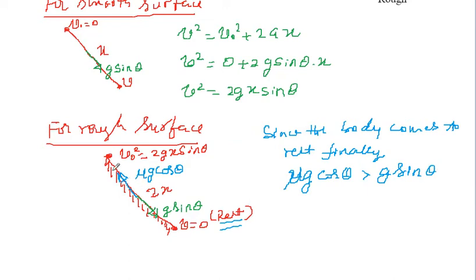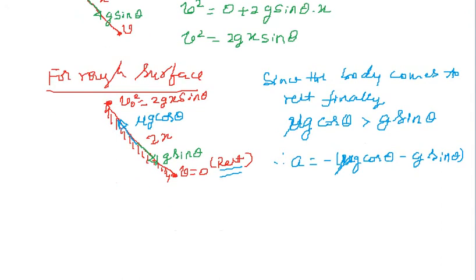So upward acceleration is more than downward acceleration. Therefore, net acceleration will be negative, because with respect to the motion of the particle, the net acceleration will be upward. It is mu g cos theta minus g sine theta. This is the net acceleration.